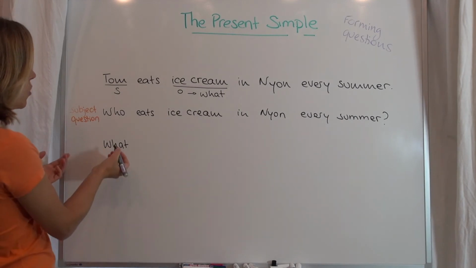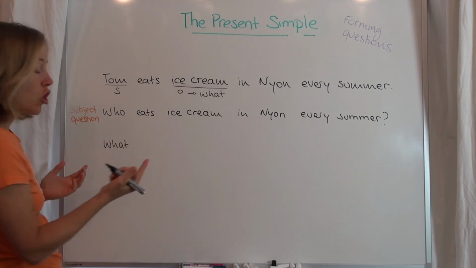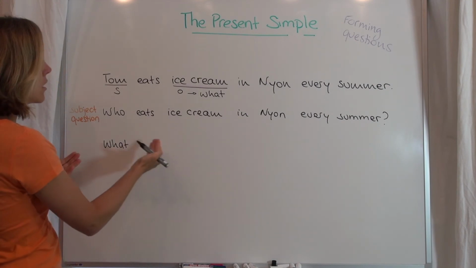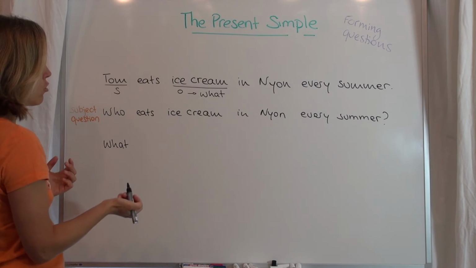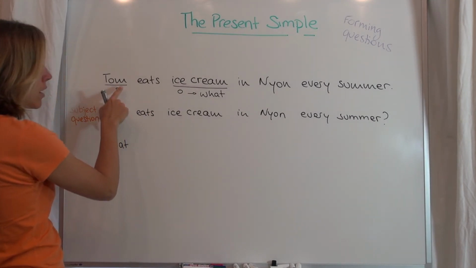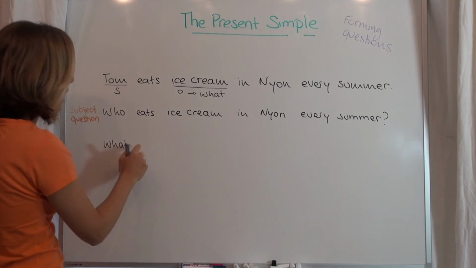No, you have to add either do or does. It's that est-ce que in French. So, qu'est-ce que Tom mange à Nyon tous les jours? So we have to add either do or does, and as it's Tom, we add does.